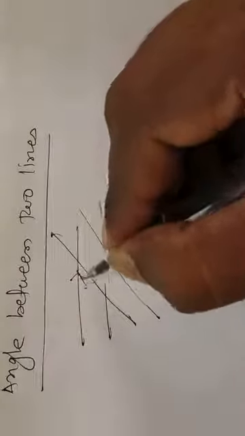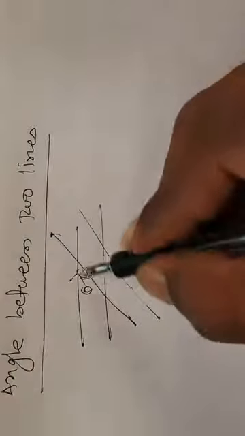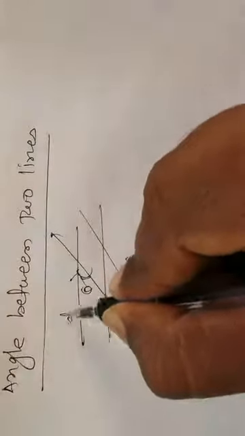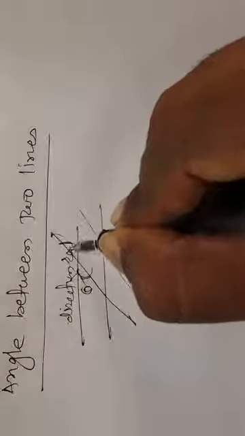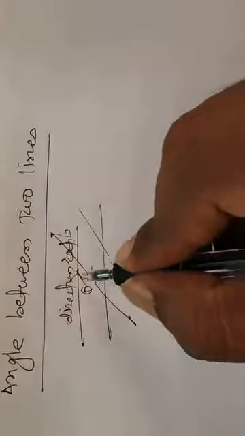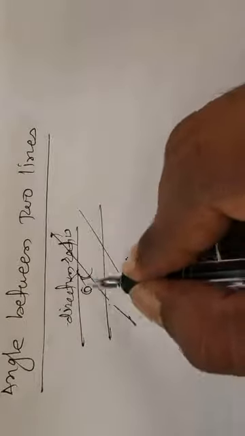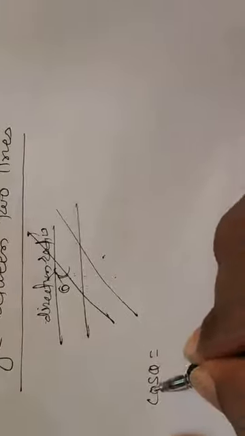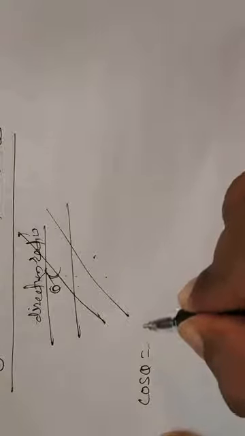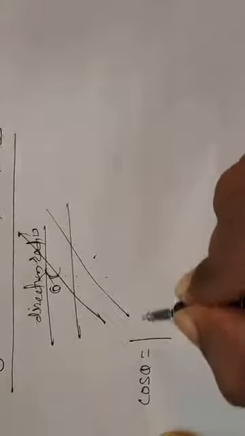So we can take this angle because these parallel vectors have direction ratios. Using the direction ratios, cos theta, as you know well from the last chapter, is the angle between the two vectors.